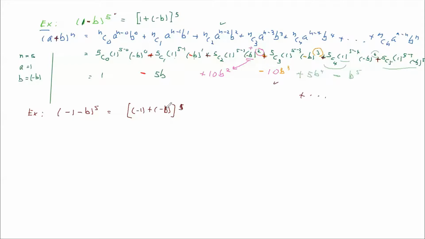Okay, this is a, this is b. And then you just use the formula. So a in this case is equal to -1, b is equal to -b, and n is equal to 5. And then you replace in the formula again, that's all. And then you just calculate and simplify. Okay, so this is the pattern with the negative sign.